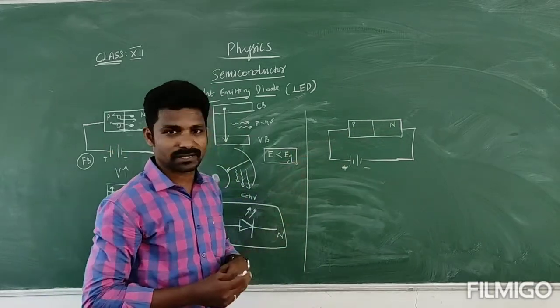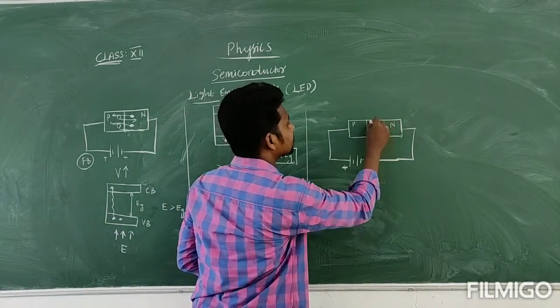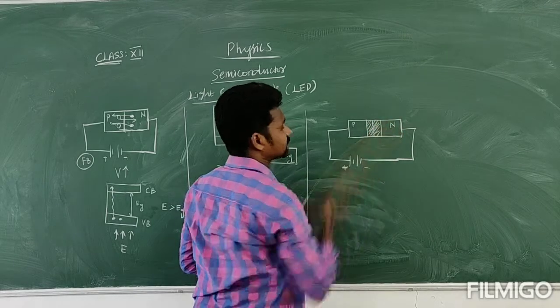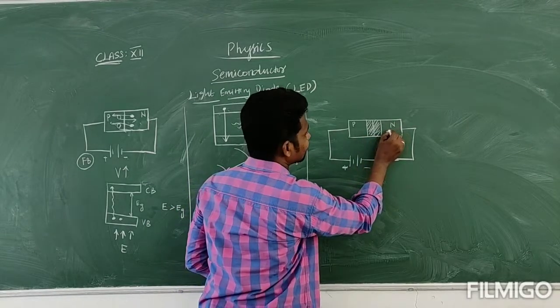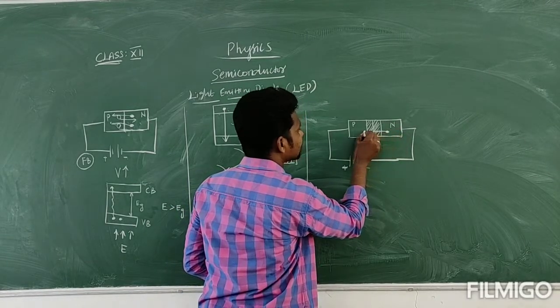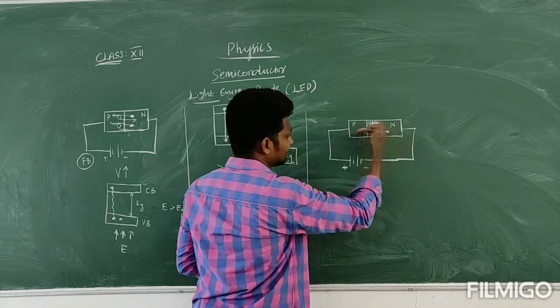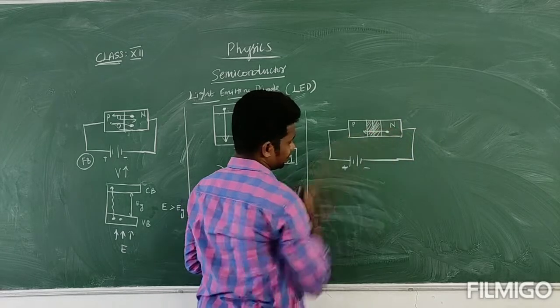But here actually what happens? We know that the potential barrier region, the depletion region, is there. In this region, electrons from the N side cross the barrier and enter into the P region.